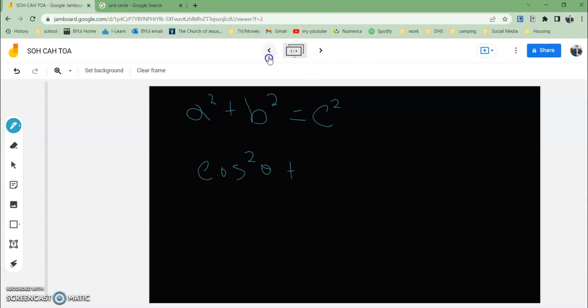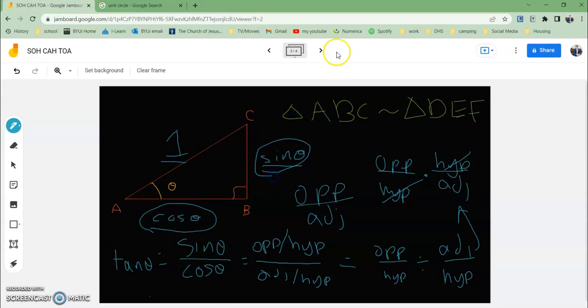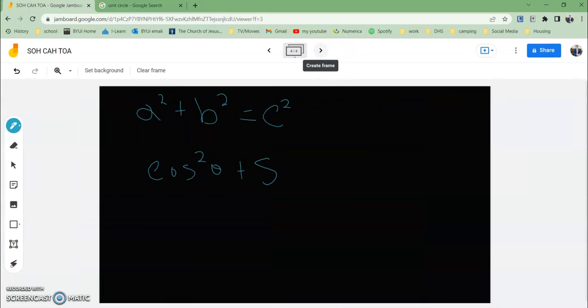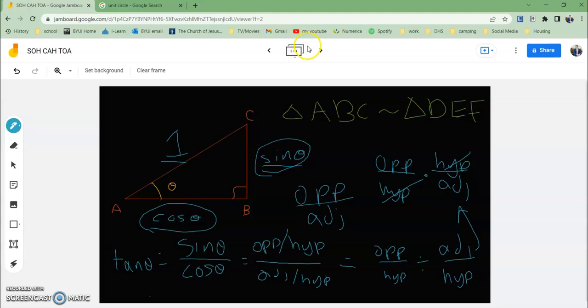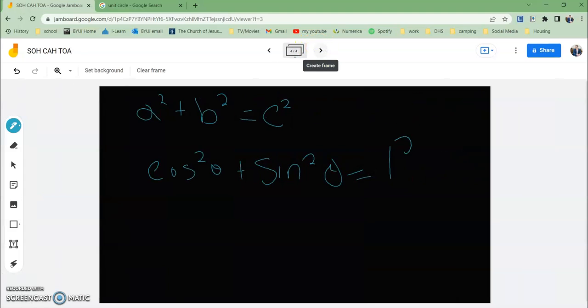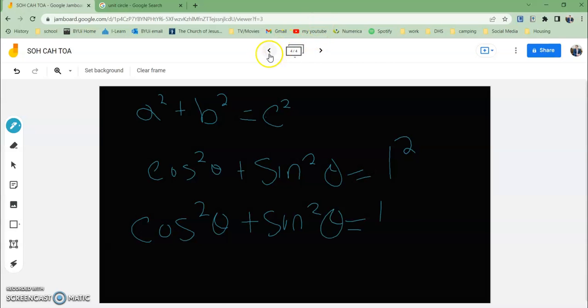And then now we have the other side length, which is just sine. Let's square that. Sine squared of theta. And that should equal the hypotenuse squared, which is just 1 squared. So there's actually an identity that you'll see pretty often. It's called cosine squared of theta plus sine squared of theta equals 1. And that's actually where it comes from. And that's called the Pythagorean Identity.